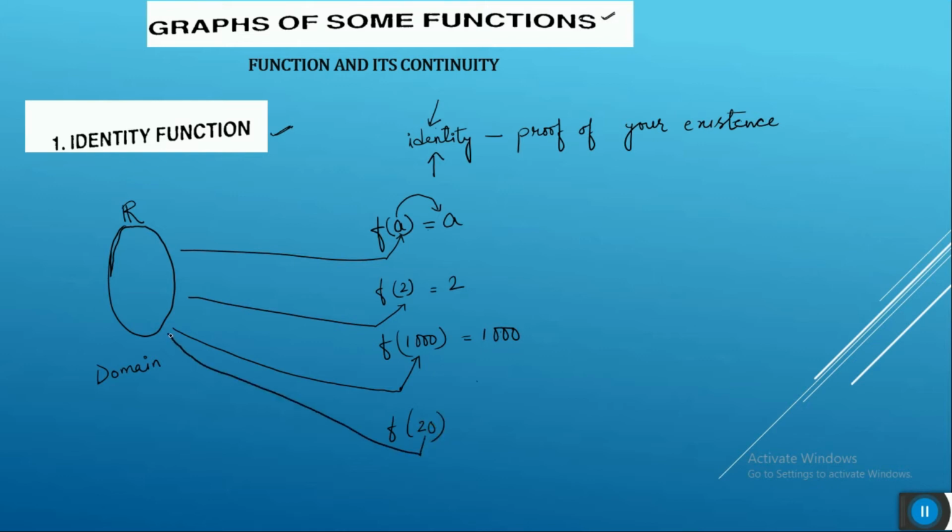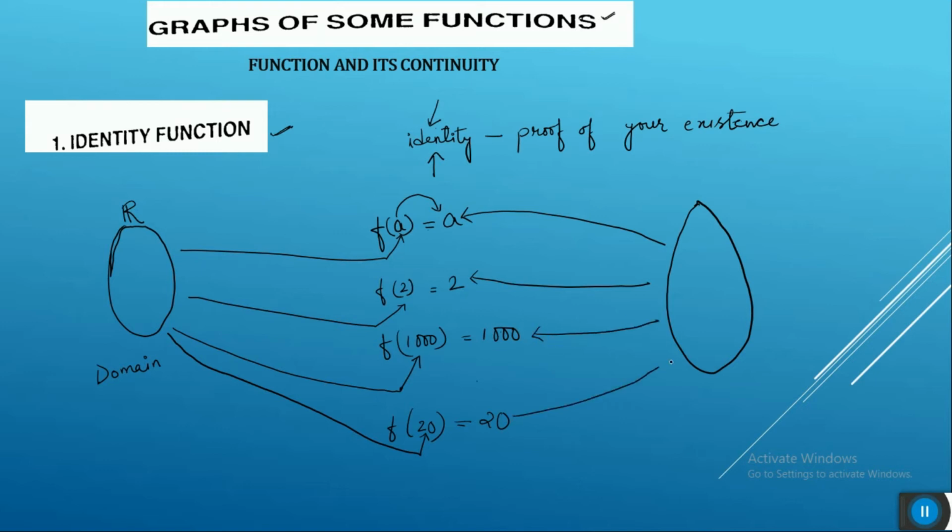This value which you are thinking of comes from the domain, and whatever the output is will go to another set, which will be called the codomain or range. There is a difference between codomain and range.